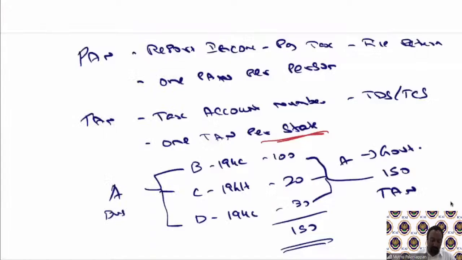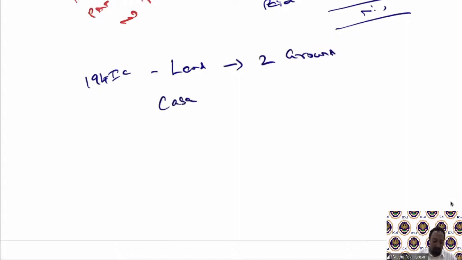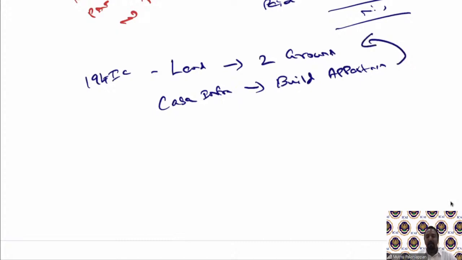So what happens is, for this 194IC, let's say I have a land of, let's say, 2 grounds. I call a builder, let's say Casa Infra. Now I request you to build apartments. So Casa will build apartments on these 2 grounds.